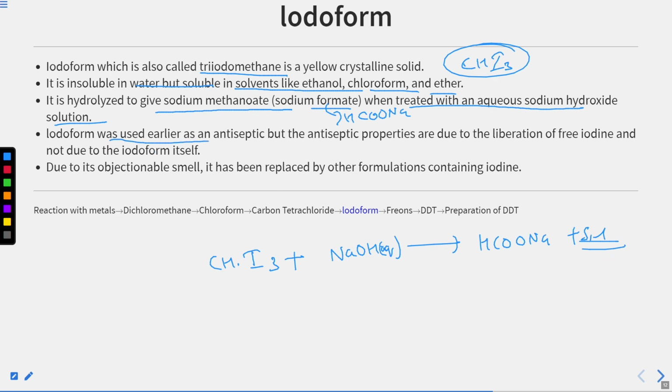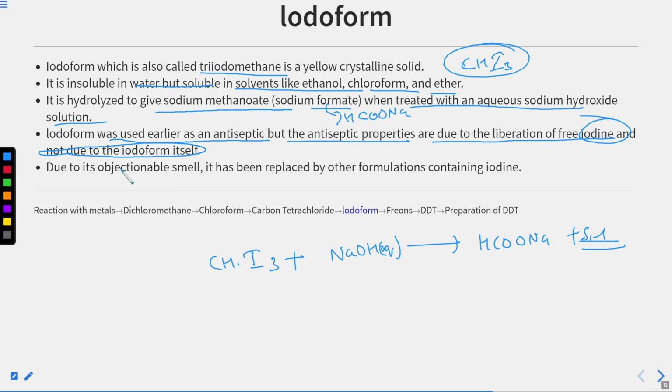Iodoform was used earlier as an antiseptic, but the antiseptic properties are due to liberation of free iodine and not due to iodoform itself. So it can be used as an antiseptic, but this property is due to the iodine being liberated from iodoform.